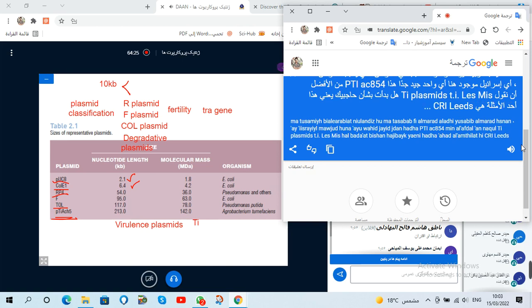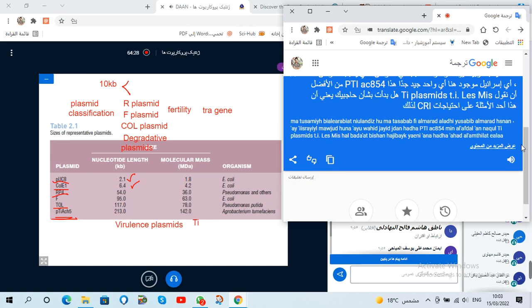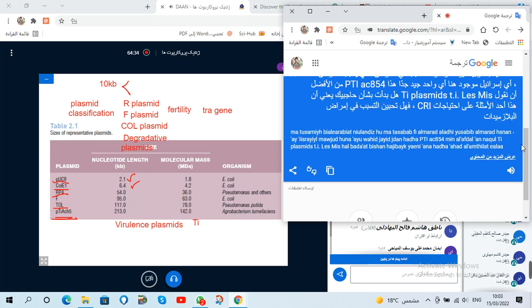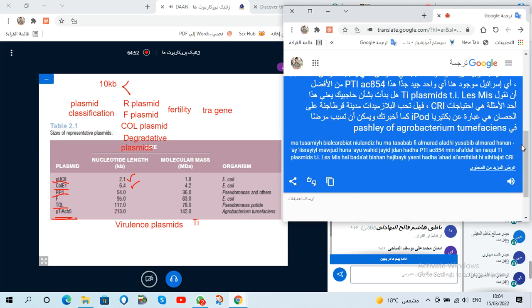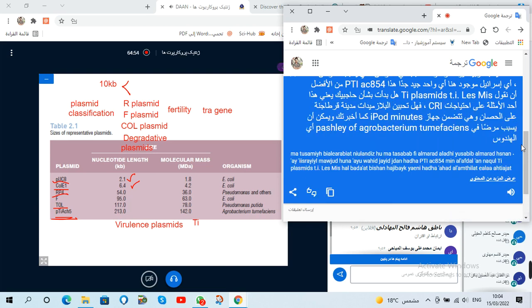So, virulence plasmids confer pathogenicity on the host bacterium. These include Ti plasmids, as I told you, and they live in the bacterium Agrobacterium tumefaciens, which induces crown gall disease.